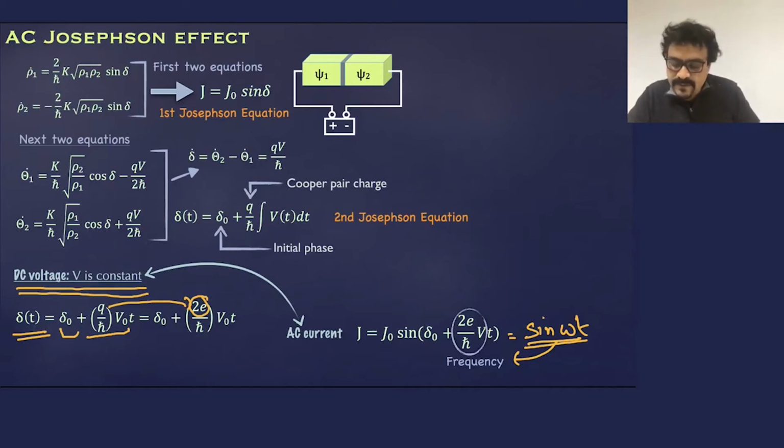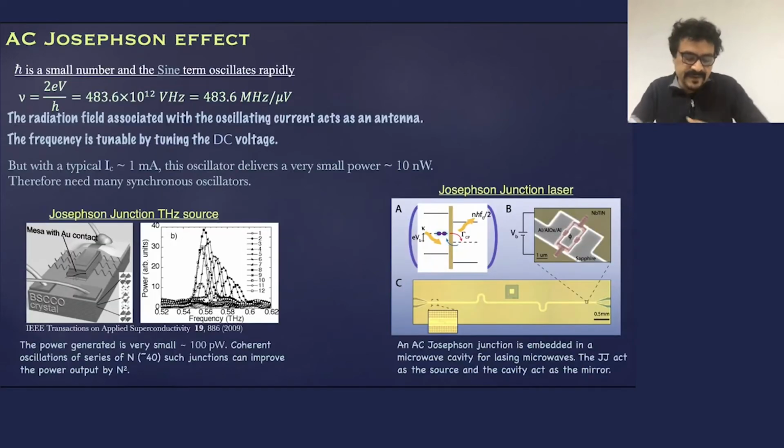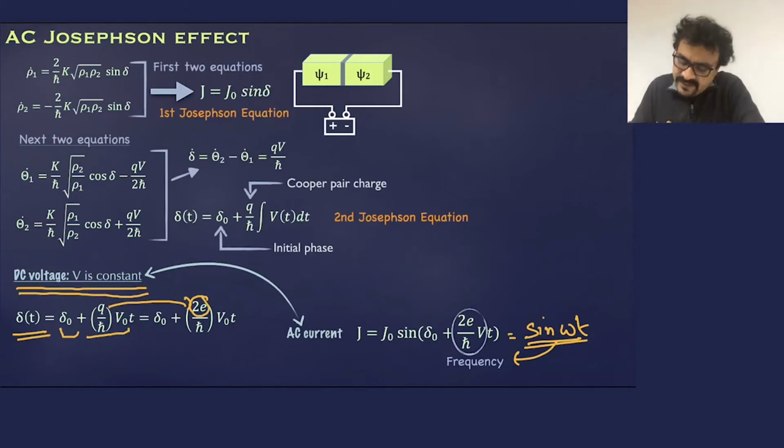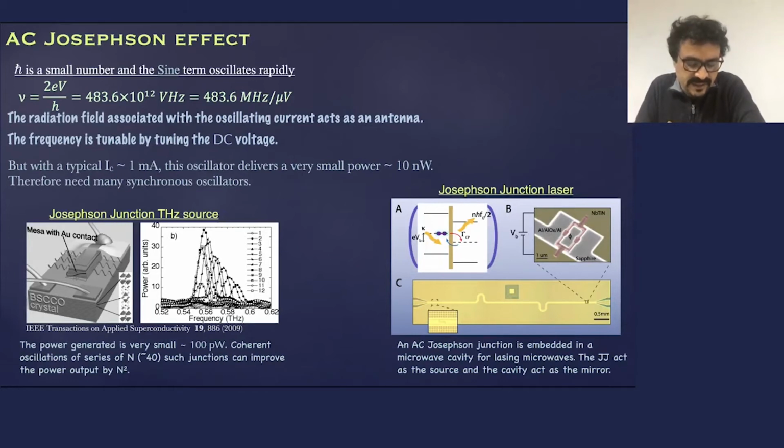Now if we consider the magnitude of this frequency, that is 2eV by h bar. So h bar is h by 2 pi. Okay. Now when you take 2 pi to the other side, what you can write is this is going to be 2eV by h, that is the frequency.